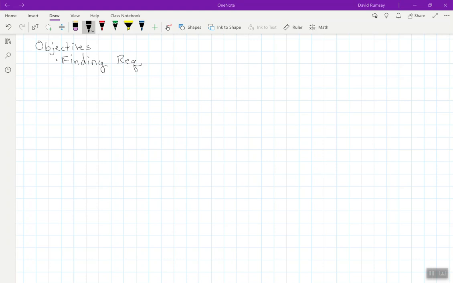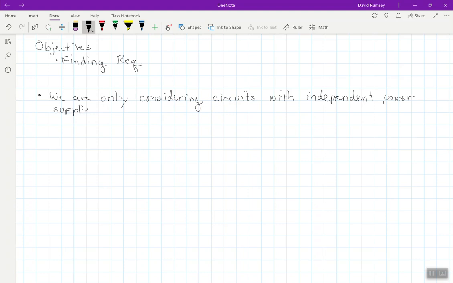Now, let me emphasize here first, we are only considering circuits with independent power supplies. And I'll put it in here red.